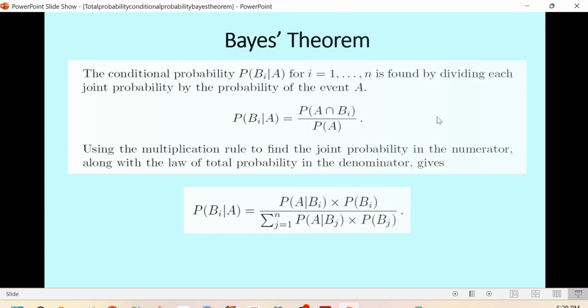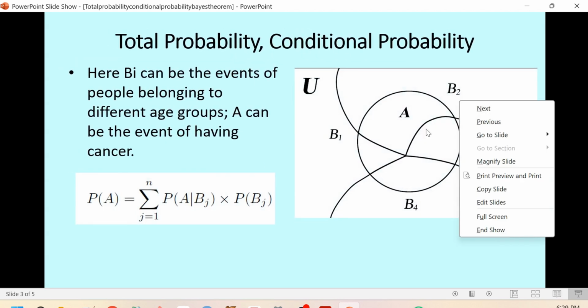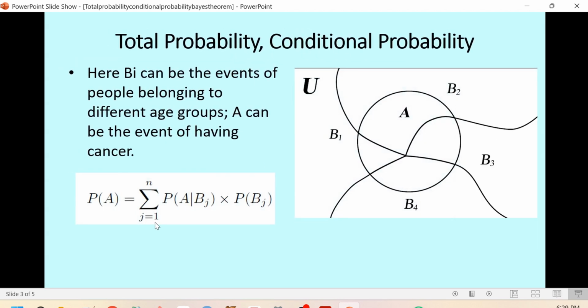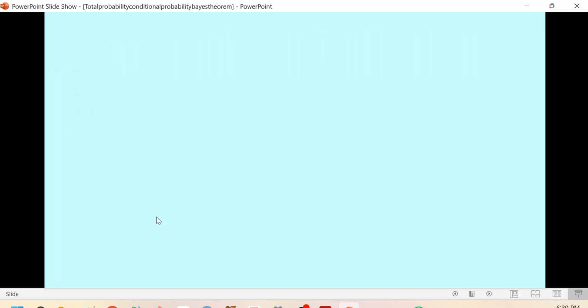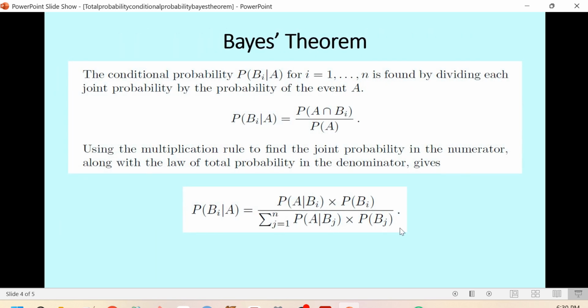If we look at this one, this is the total probability for A, or say the probability of A. We just use the total probability calculation: PBi times the probability of A given Bi, summed together. Then we can put this PA in the denominator when calculating the conditional probability of Bi given A.